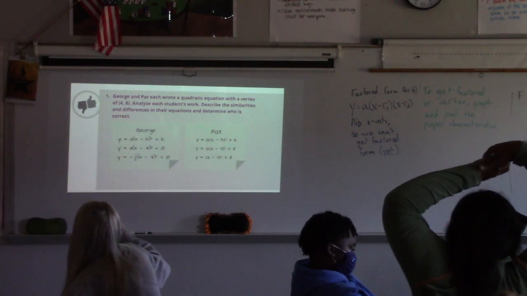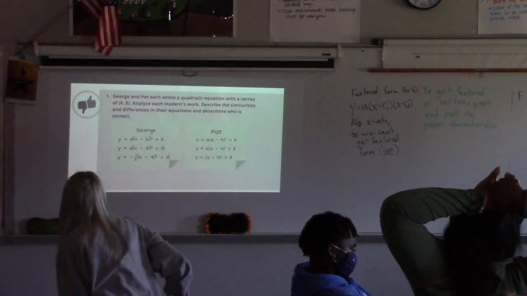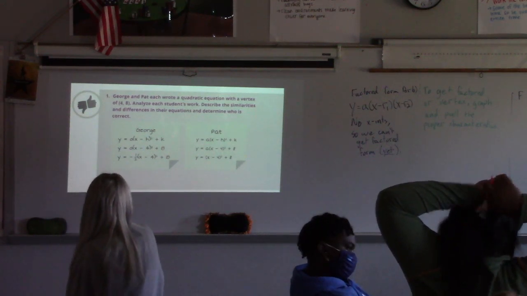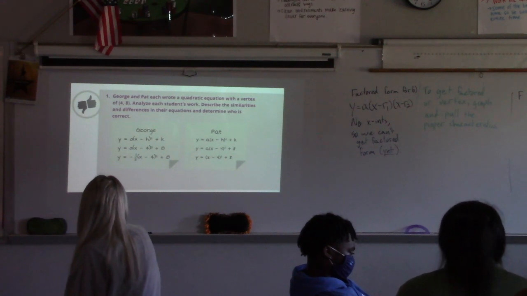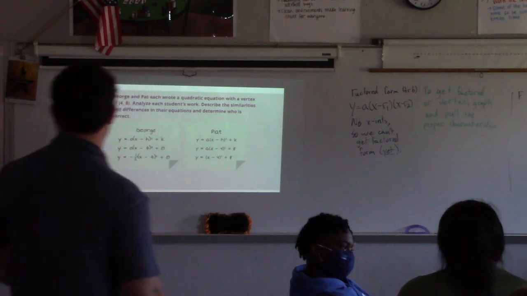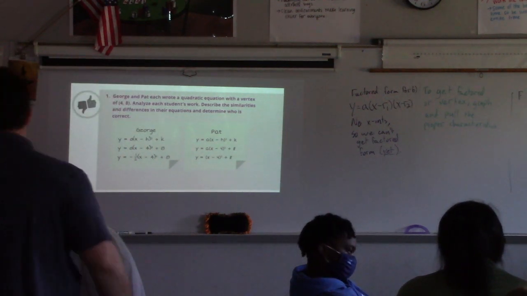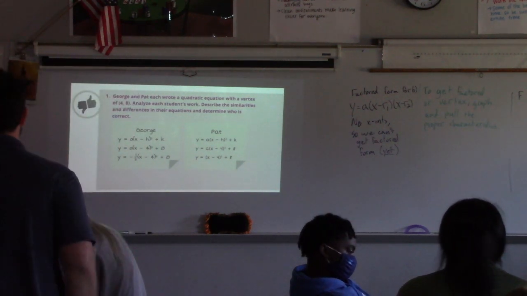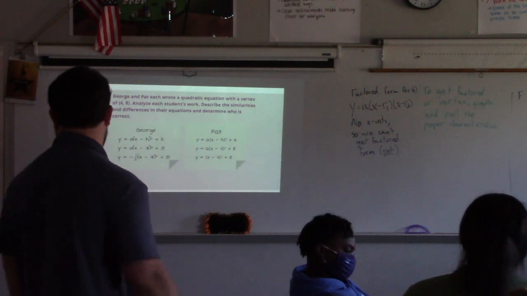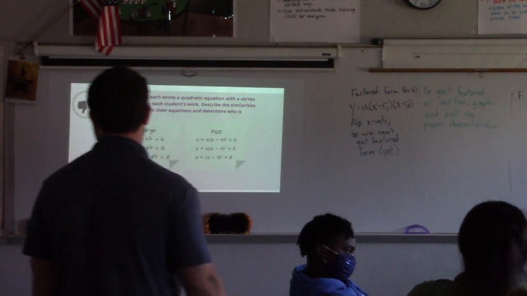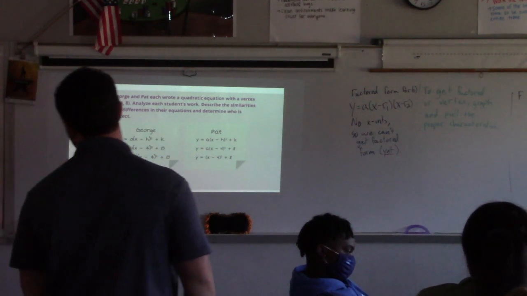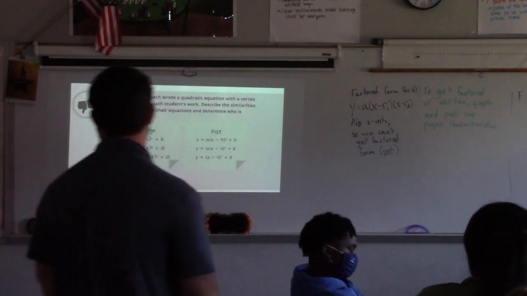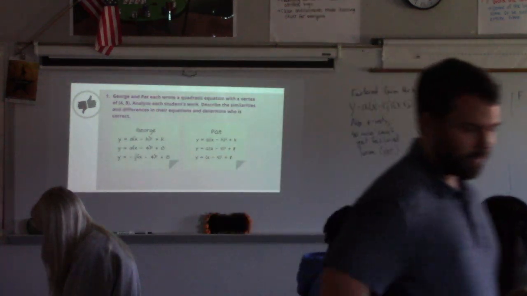Like he didn't distribute. Does it tell you what A has to be? So is he wrong? Does it tell you what A is up there? I just thought like at the end of his, he doesn't have a number. Yeah, because Pat doesn't have one. If there's nothing in front of it, it could be understood as 1. What are you thinking?